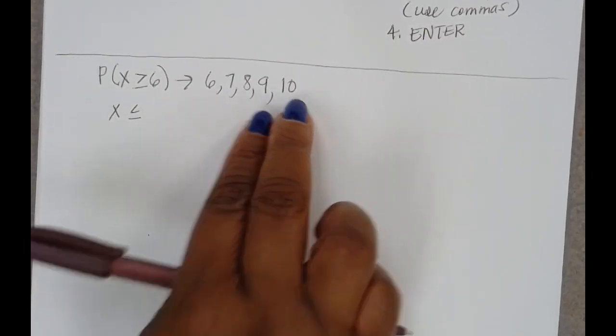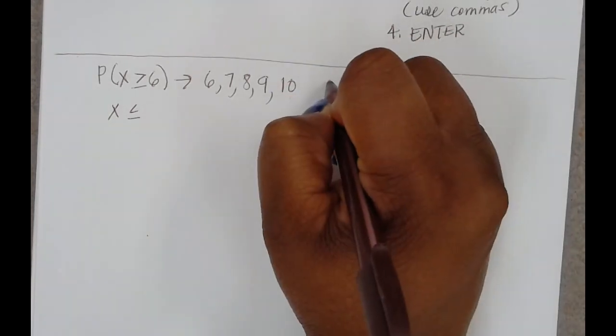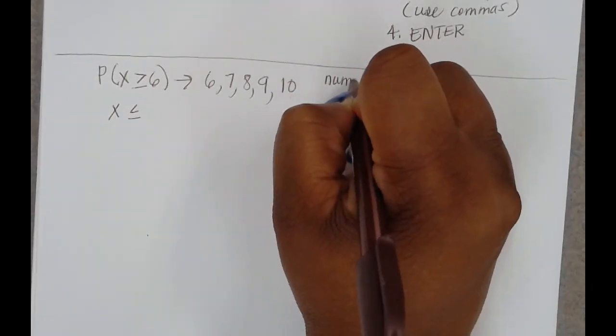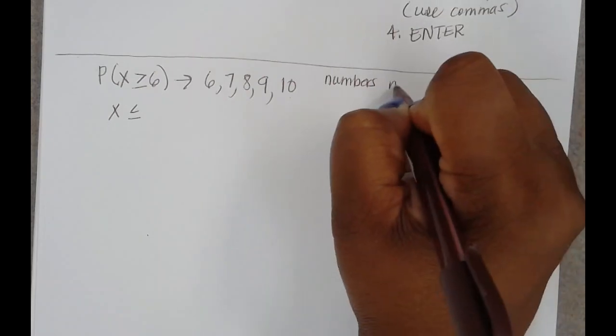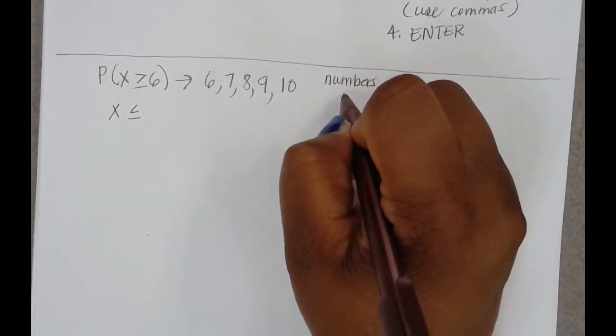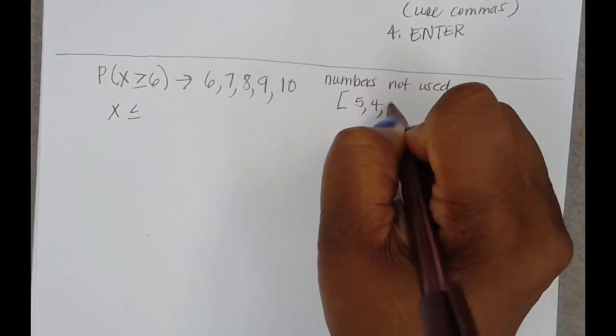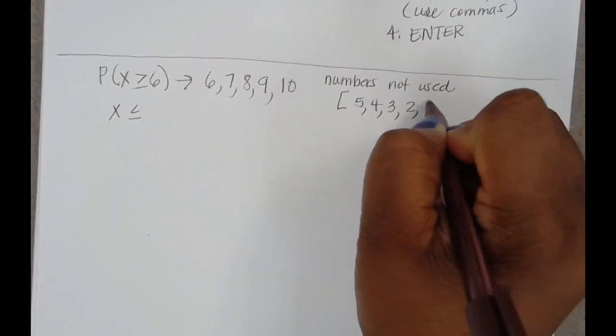Well, all the numbers that are not being used right now, I'm going to list here, numbers not used. The numbers not used are 5, 4, 3, 2, and 1, and 0.